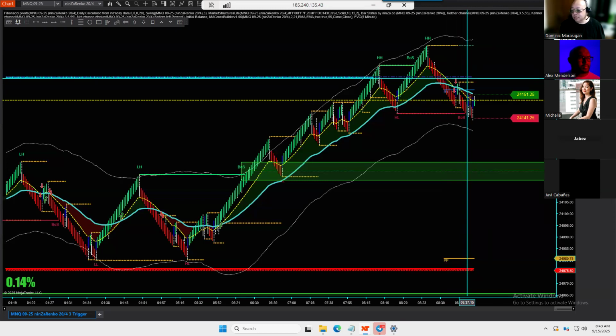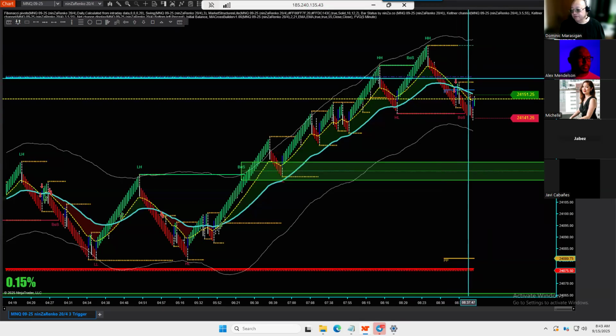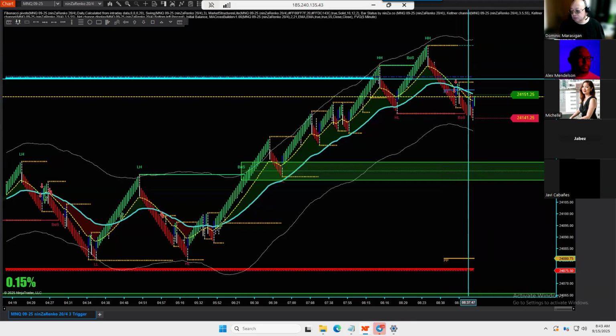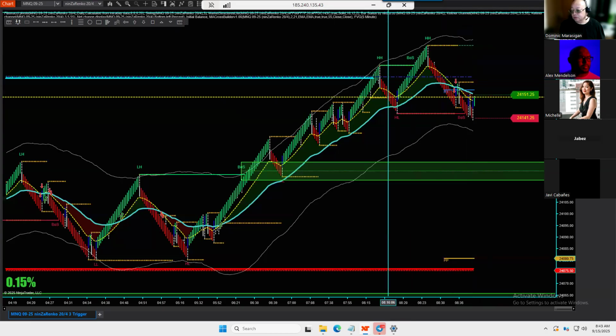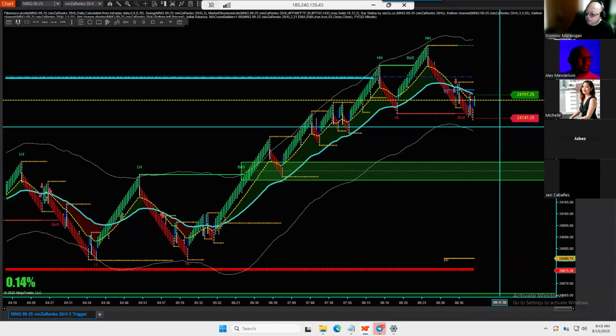We're assuming it's going to continue coming down since the 21 EMA is now below the 55, so I'd be safe to put it there. At least small risk, and if it does get hit, your loss is not that big. Or to make sure, maybe it can be up here. Either way, it depends on your risk tolerance.